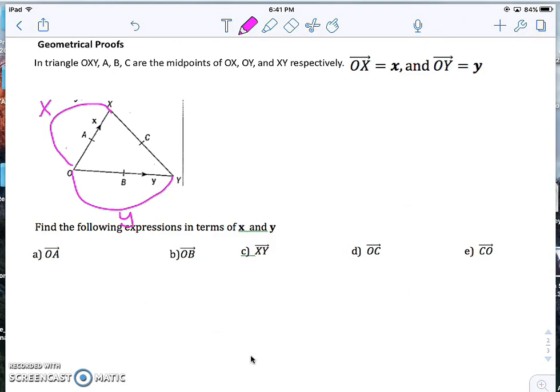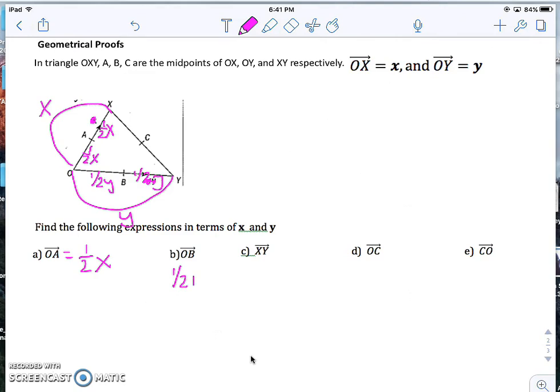So if I cross this out right here, each of these is really half X and half X, because the whole thing's X. So O to A is 1/2 X. O to B, the whole thing's Y, so half Y, half Y. So that's half Y.